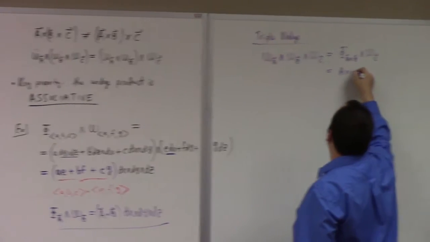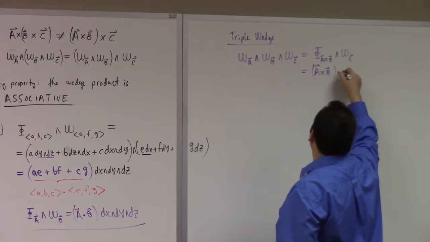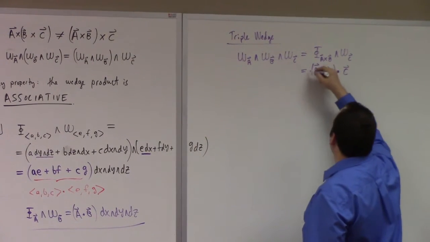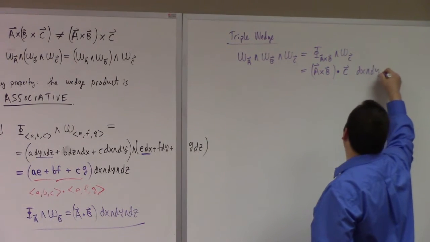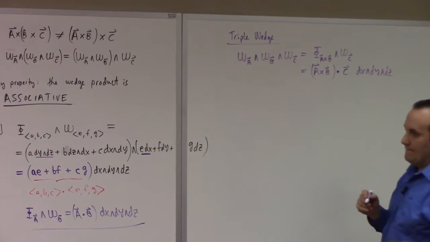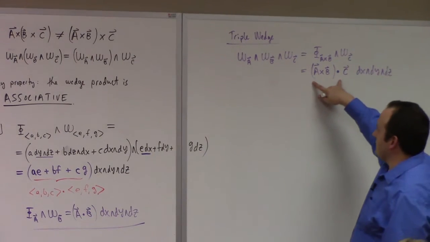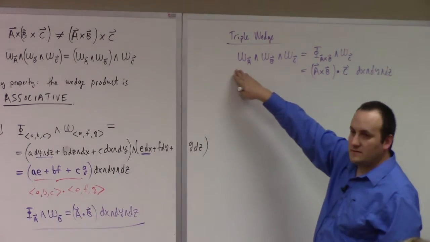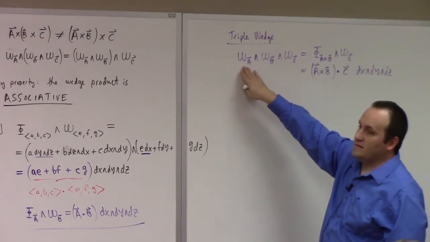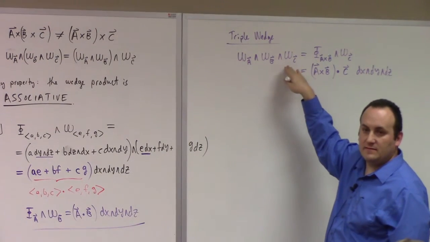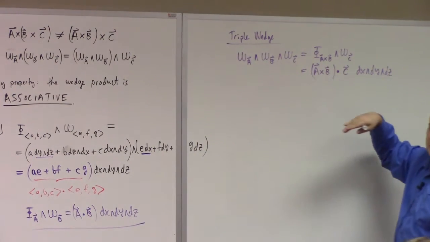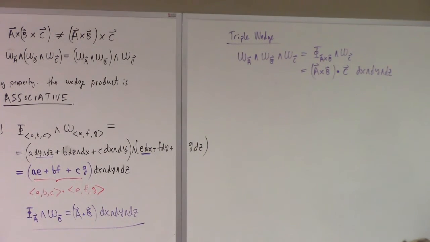Which is exactly A cross B dotted with C, dx wedge dy wedge dz. In other words, the significance of the scalar is that it gives you the volume spanned by these vectors A, B, and C, right? So if I want to calculate the volume, I just take the triple wedge product and I have it. Just like you guys could take the triple product, right? So that's also there.